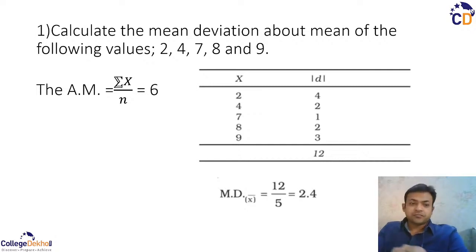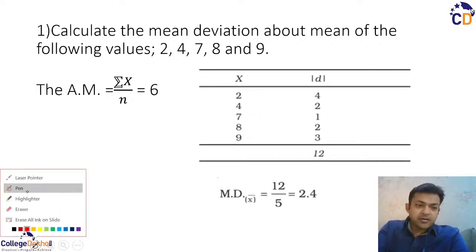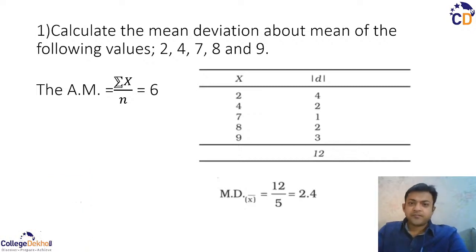Now, the next step is, since the mean comes out to be 6, we'll populate another column which will be x minus mean, and we need to take the modulus of that. We call it d.